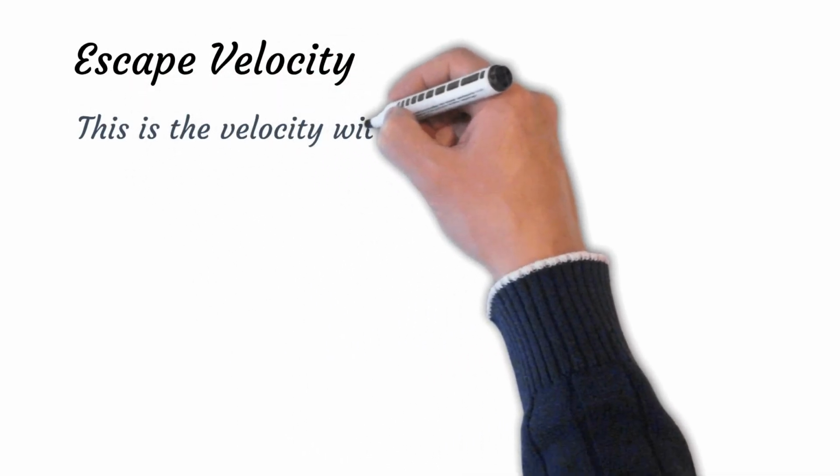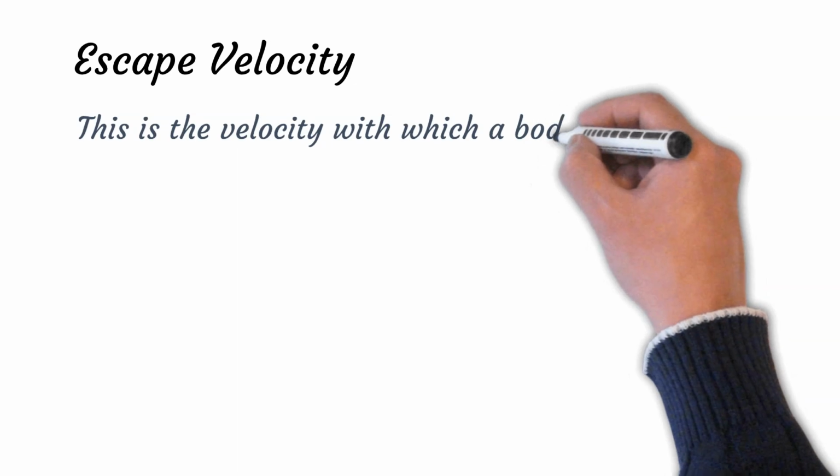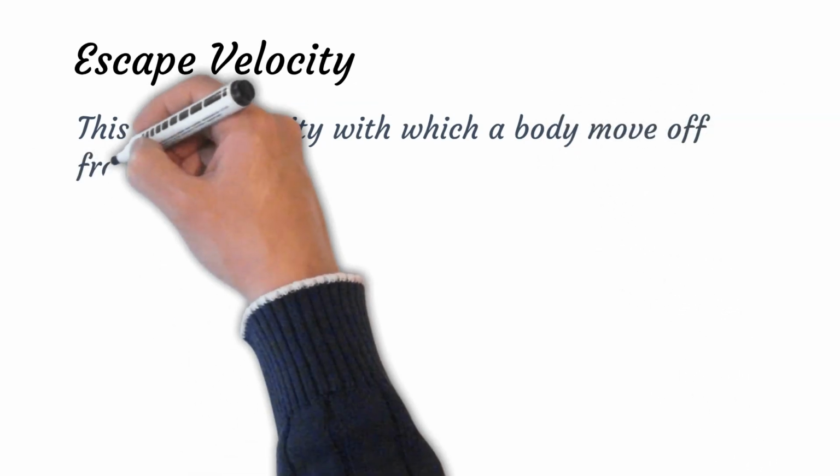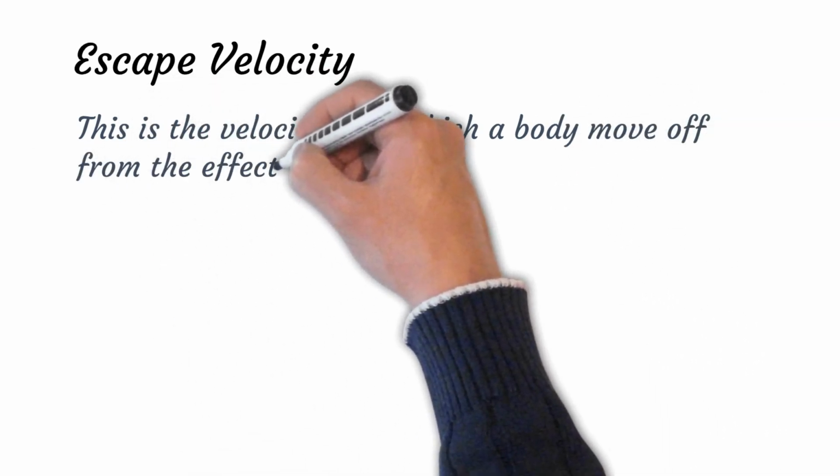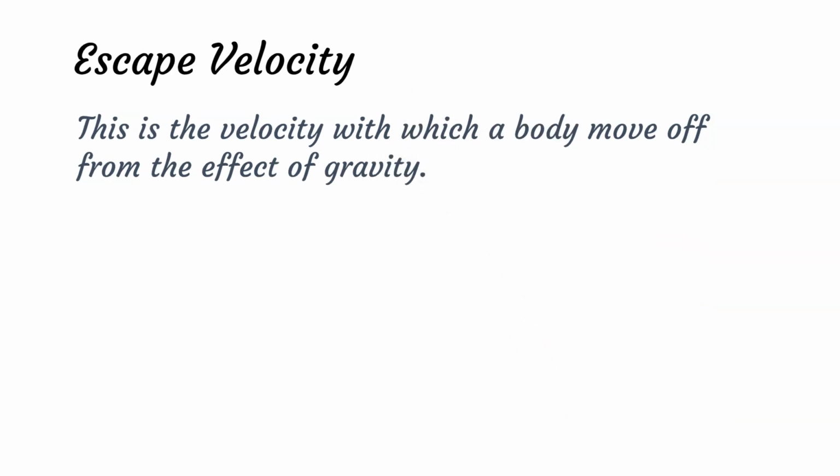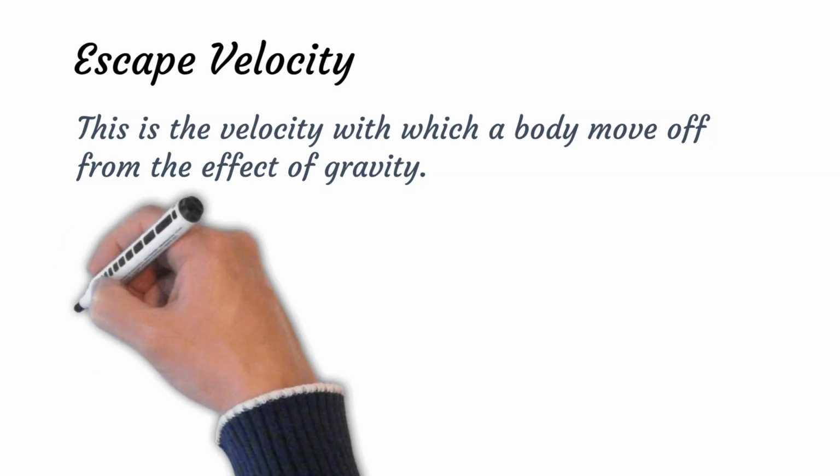This is the velocity with which a body moves off from the effect of gravity. All right, the velocity of escaping from where gravity is to where there is no gravity is known as the escape velocity.